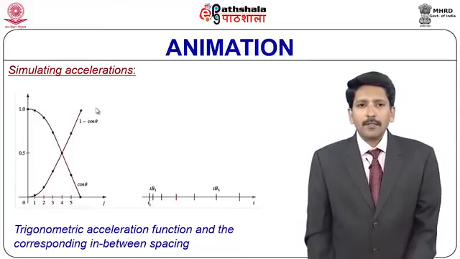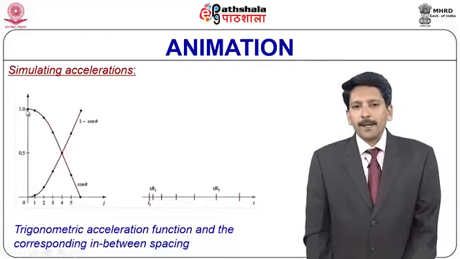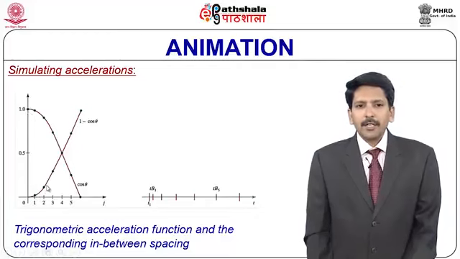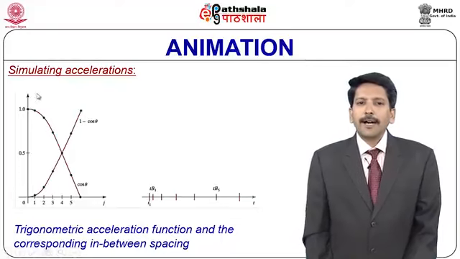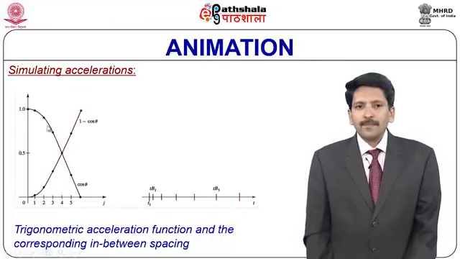We can try these trigonometric functions, where the initial differences are small, but suddenly there is a change, and with passage of time there is a lot of movement. So there is slow initial movement, and later it is very high.